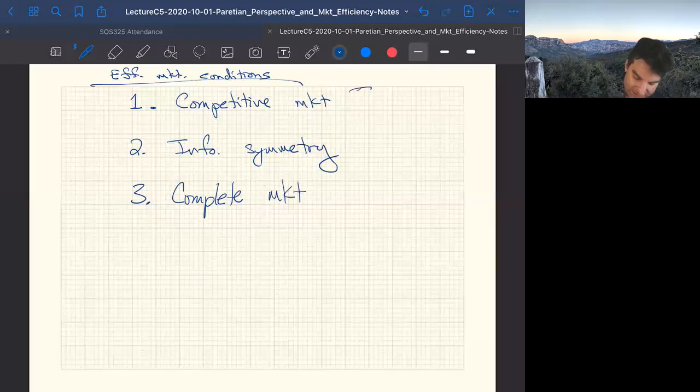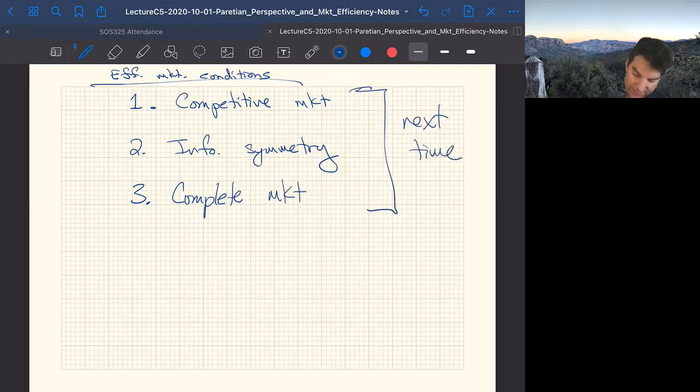So we're going to talk about these three conditions next time, the conditions we need to guarantee that supply equals marginal cost and demand equals marginal benefit.